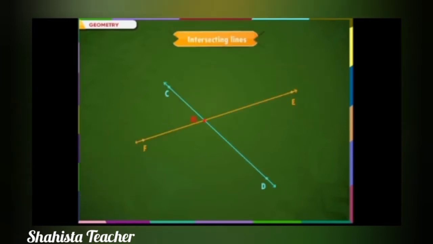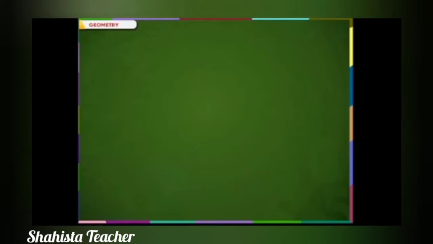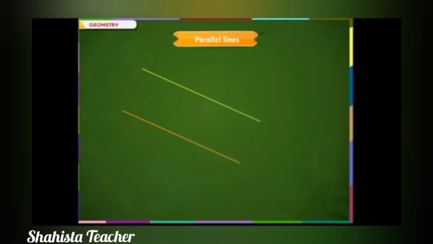Let us observe the two lines on the screen. The two lines CD and EF are crossing each other at point M. Such lines crossing each other are called intersecting lines. Now students, let us observe the lines XY and LT on the screen.